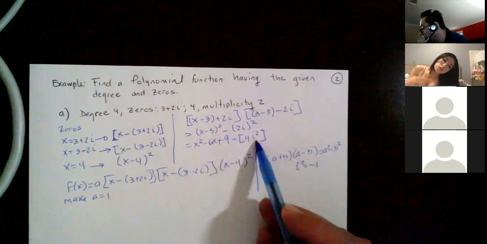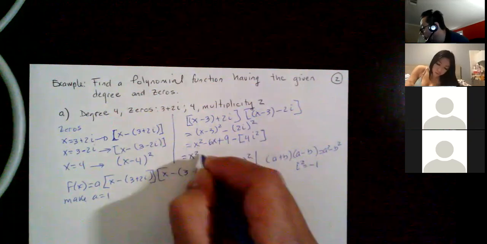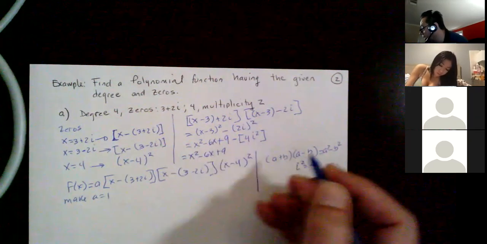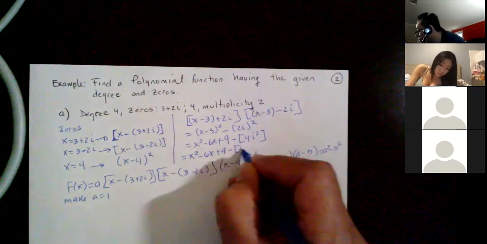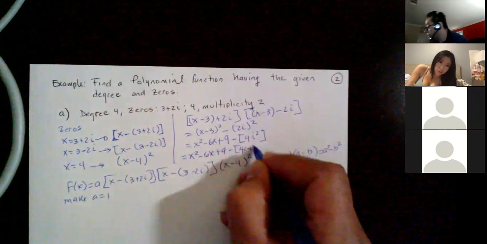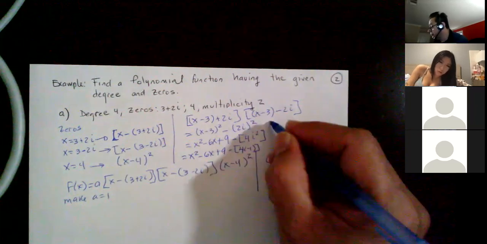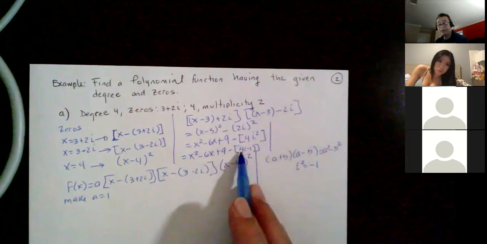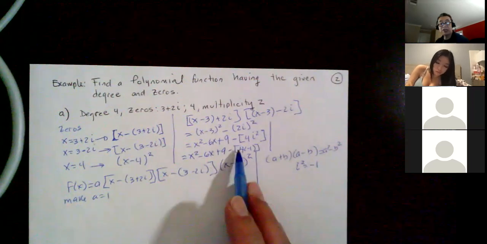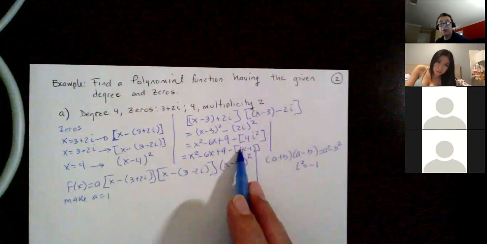All right, so this equals x squared minus 6x plus 9 minus, notice, that's 4 times negative 1 inside. Let me continue here. What is inside this square bracket, that's 4 times negative 1 is negative 4.